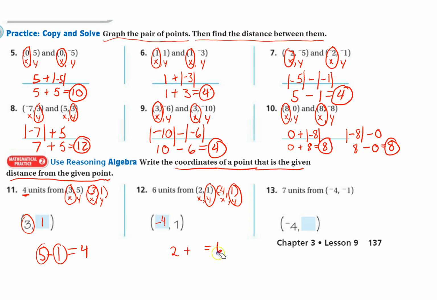And then we can check it. We can either graph it, or we can do it like we've done before, where we say the absolute value of negative 4. So we have a negative and a positive, so we need to add the absolute value of negative 4 plus 2. Absolute value of negative 4 is 4, plus 2. That would give us our 6 units away that we need.